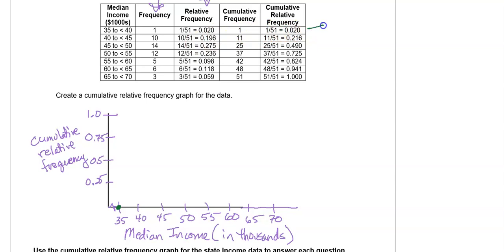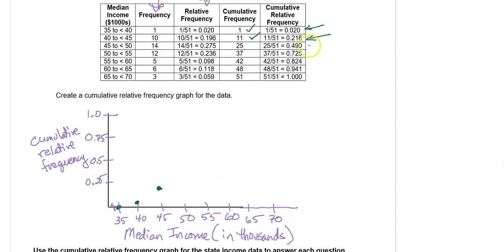We're going to look at this amount right here, 0.02, so not a lot. Then we're going to jump, because it's cumulative, so now that we have 1 plus 10 to get the 11, we're at 0.216, and that's going to be just shy of 0.25. We're going to be right here.